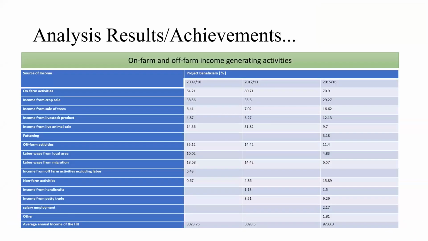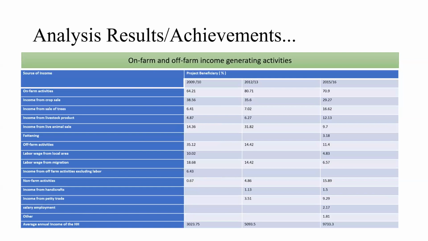When we come to the off-farm and on-farm income generating activities, there is also a variation from the baseline survey in terms of income from farm activities, for example, income from crop sale, income from sale of trees, income from livestock product, income from live animal sale.